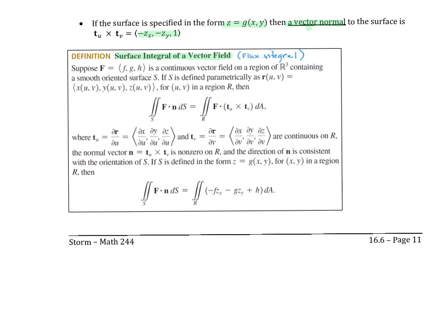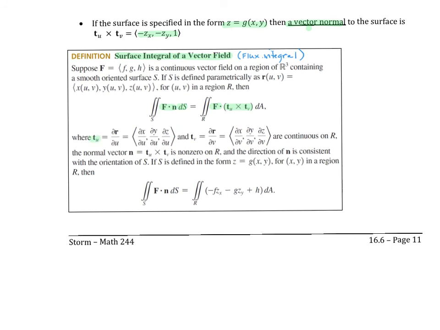Going back to the line integrals, remember when we did the dot of our vector field with a normal vector, we were computing flux. So this is flux, but instead of over a curve, it's over a surface, which means you have to add in that normal vector, which is the cross product of those two tangent vectors. So there we have our flux integral. Again, remember, dS is not arc length, it's surface.